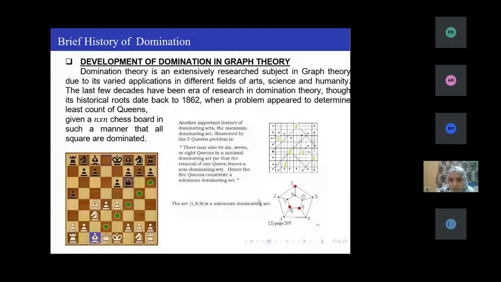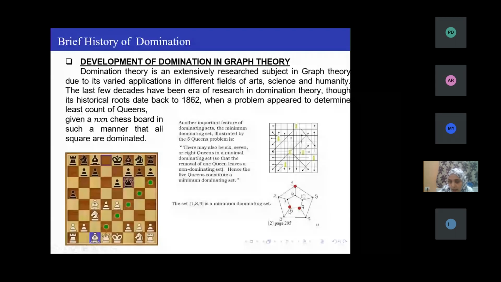Yes, ma'am, visible. Okay. So this is a graph wherein we can see the red vertices dominate the whole graph. Based on this concept, we can say that the minimum dominating set contains 1, 8 and 9. Only these 3 vertices dominate the whole graph.